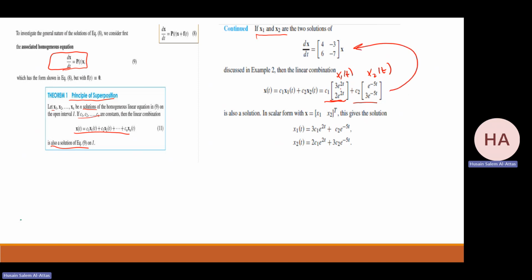By the way, if you want to write it as a solution, you can write it this way. x of t will be 3c1 e^2t plus c2 e^minus 5t, and this is 2c1 e^2t plus 3c2 e^minus 5t.